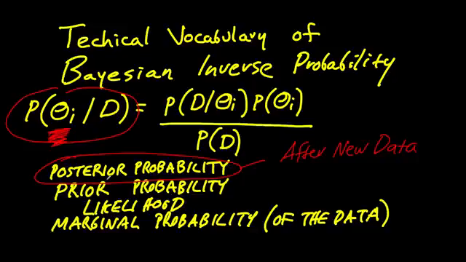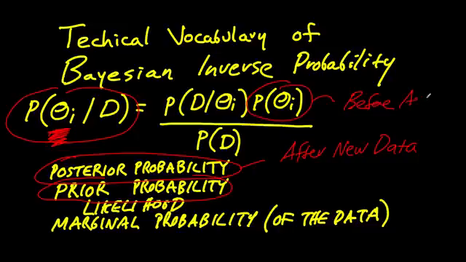The prior probability is what we started with, either before any data were observed or before new data were observed. Before any data, we would have 0.5. Before new data, we would have 8/9 and 1/9. Okay?